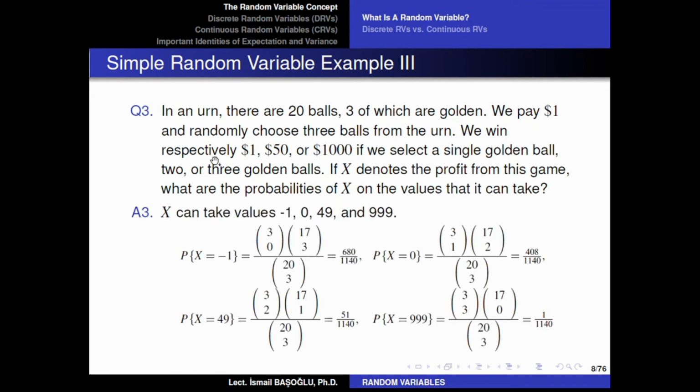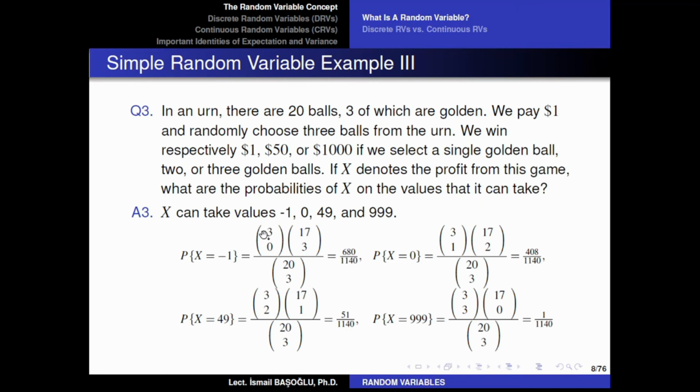Now, my friends, what is the probability of your profit being equal to -1? What is the probability of X being equal to -1? How can you calculate this probability? This experiment consists of choosing 3 balls out of 20, and it has 20 choose 3 possible outcomes. They are all equally likely. In how many of these outcomes do we choose 3 ordinary balls and 0 golden balls?